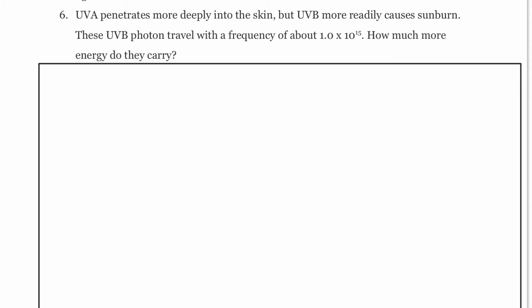Okay, I kind of screwed up giving you number 6, because you had to do number 5 to know how much more. But let's try to figure this one out just by how much energy do they carry. So it says UVB causes more sunburn. UVB photon travels at 1 times 10 to the 15th hertz. And we know that has a certain amount of joules of energy.